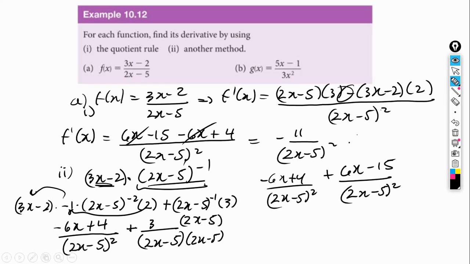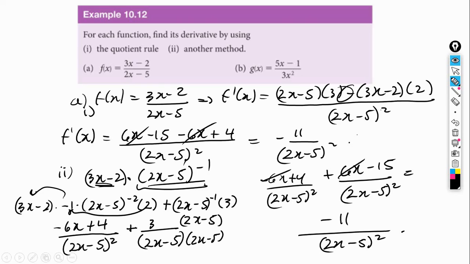So now we can add these fractions, and what are we going to get? Well, if we add everything, we just get the same denominator, right? So it's going to be 2x minus 5 squared, and then on top, this and this will cancel out, and then 4 minus 15 is going to be negative 11.